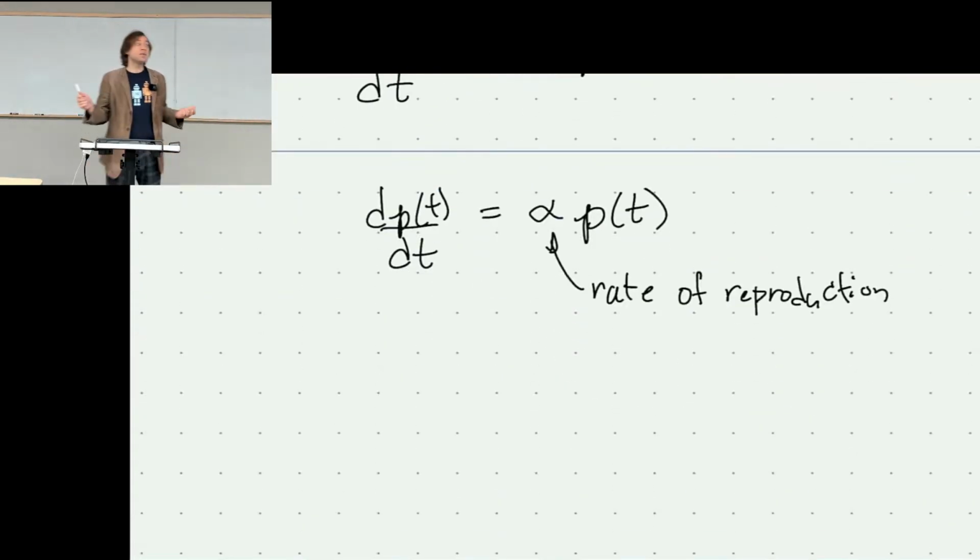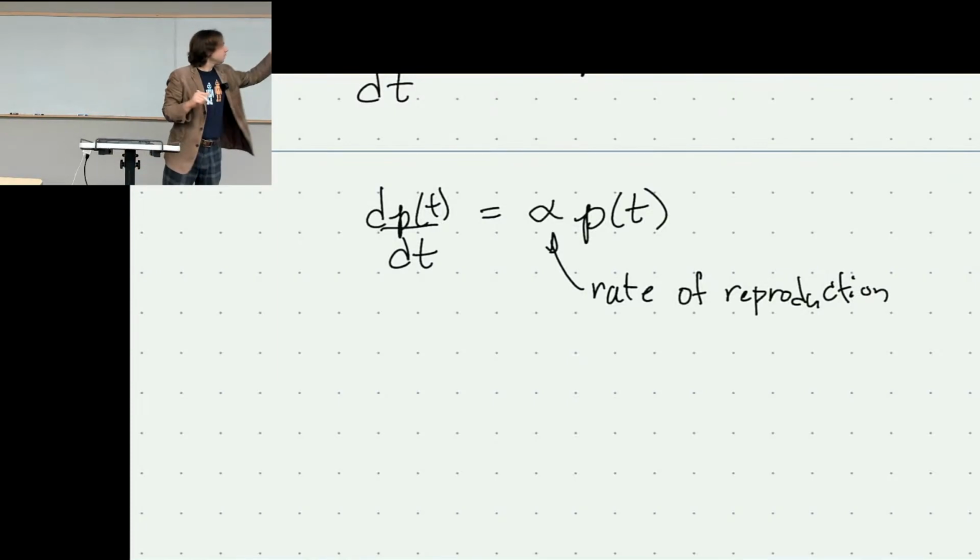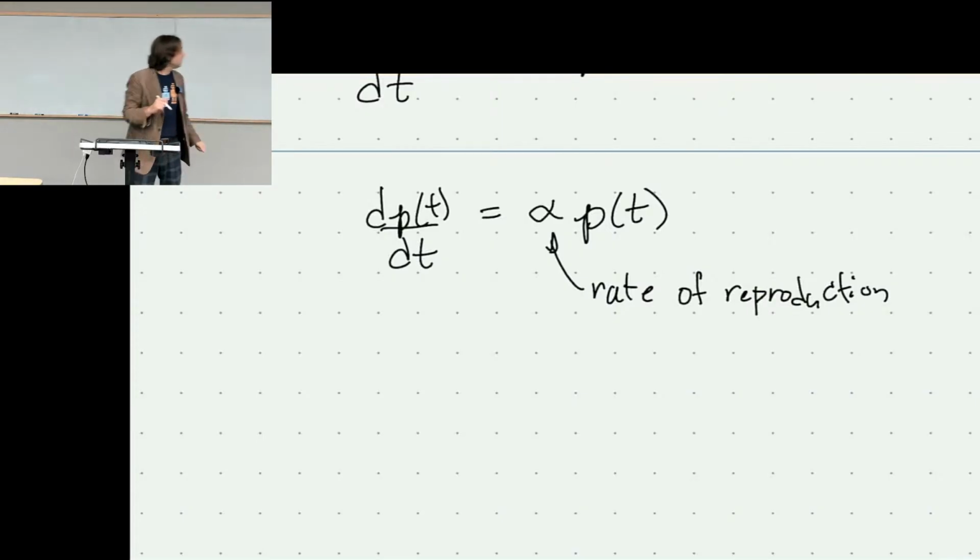Now, you've all taken differential equations. You all know how to solve this differential equation by hand. Okay? Very simply, because you have a function that is equal to its own derivative multiplied by some constant, you could solve this by inspection, as we would say.